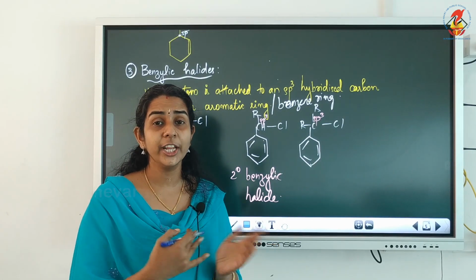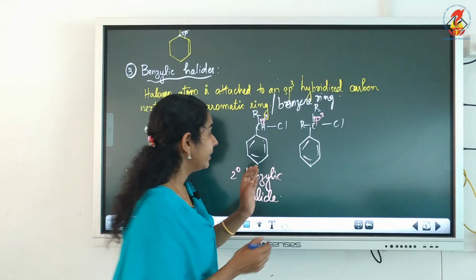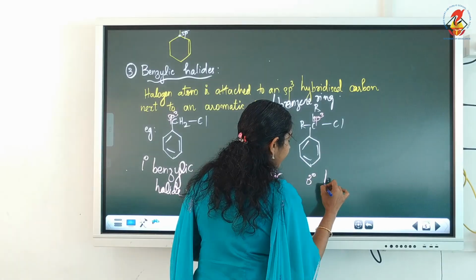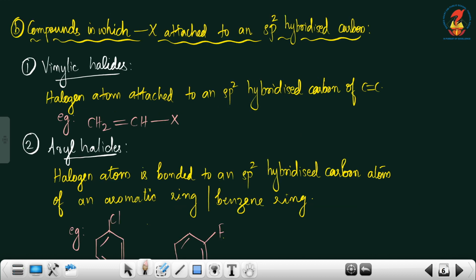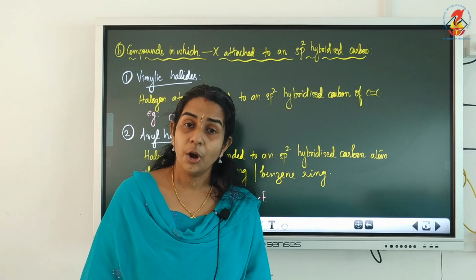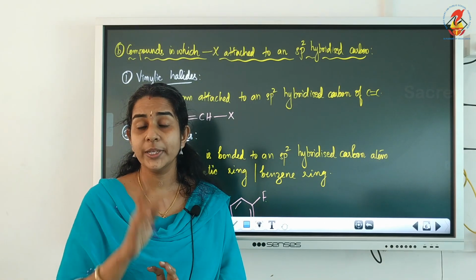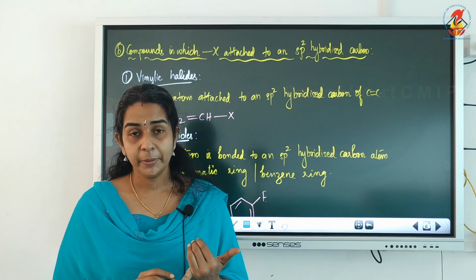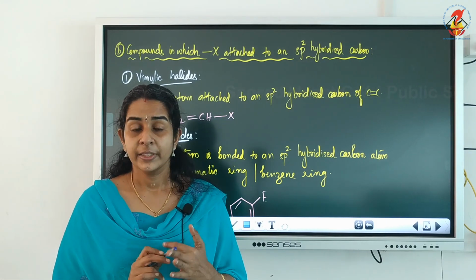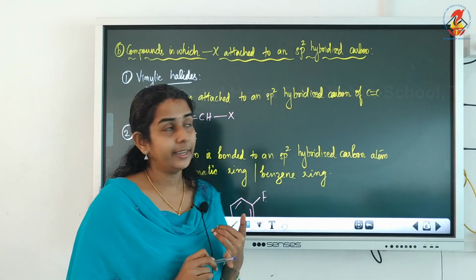So what type of halide is it? It is a tertiary benzylic halide. So this is about the classification of compounds in which X is attached to sp3 hybridized carbons. They can be primary, secondary, tertiary, then allylic and benzylic.